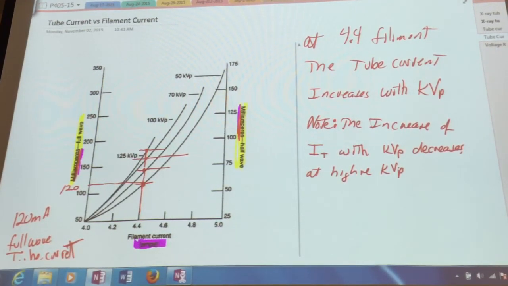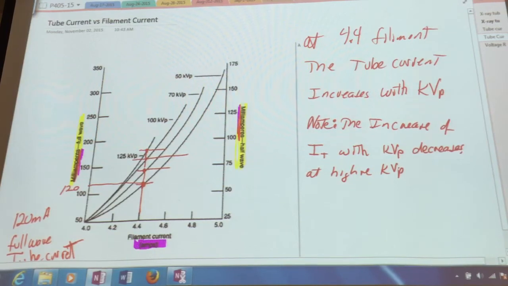So if I were to guess where, say, the 150 kVp line would be, I'll speculate, it's probably going to be just right there. And probably the 200 kVp line is going to be something like that.